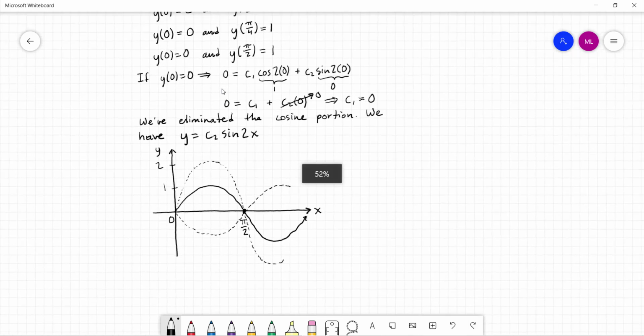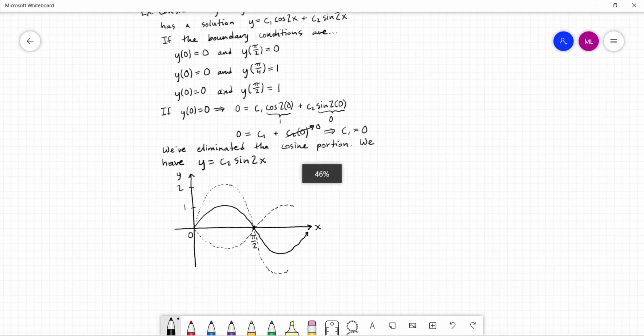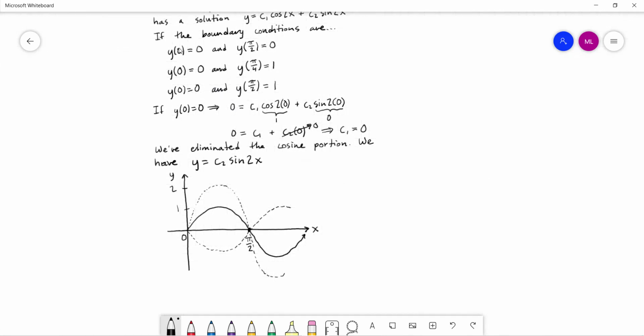So let's come back to our conditions and think about what's going on here. The first condition specifies that y of 0 is 0 on the left, which we've already taken care of; that's basically what eliminated the cosine term altogether. And the second condition is just specifying that at the right-hand side of the interval we care about, at pi over 2, the height is 0 again. But there are lots of different curves.